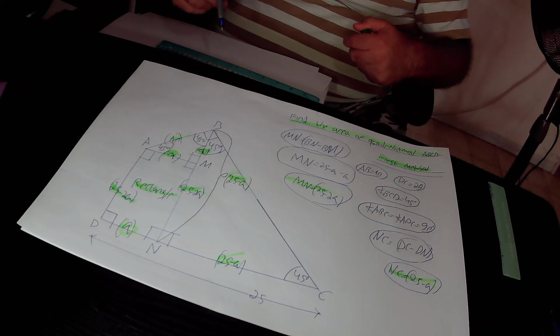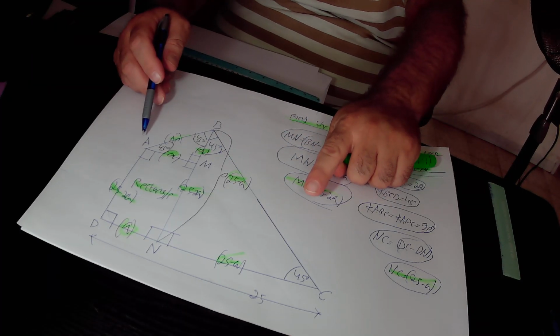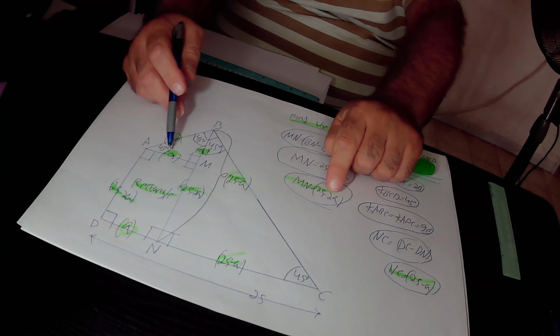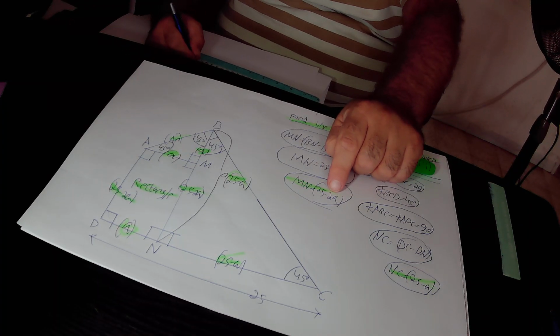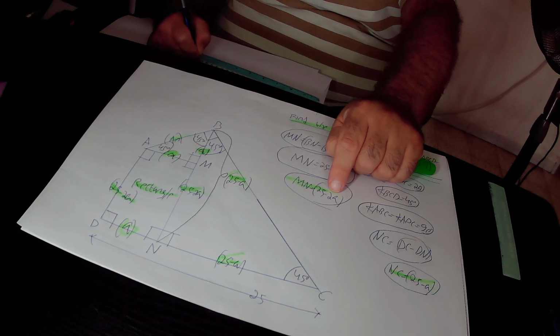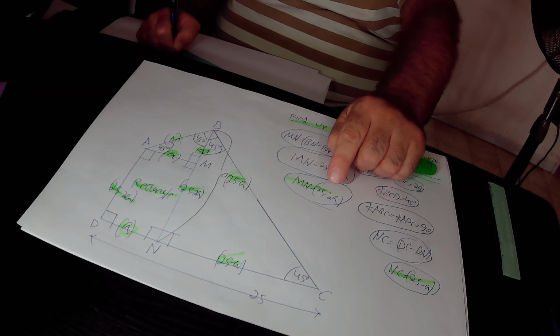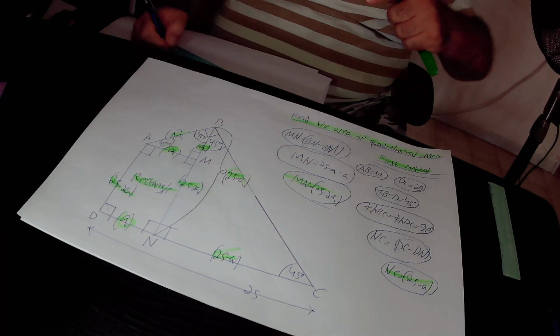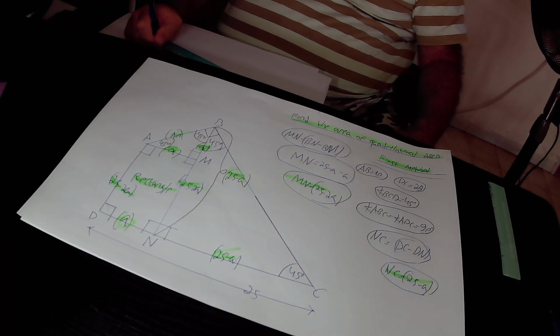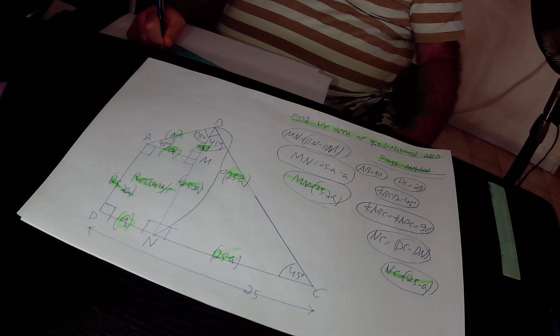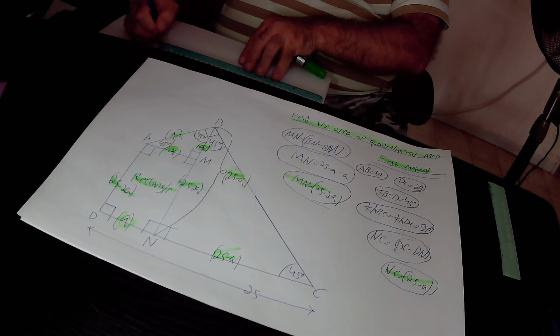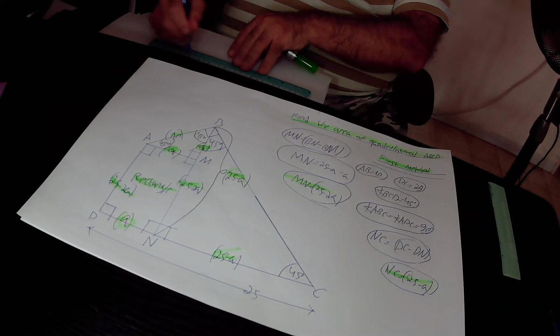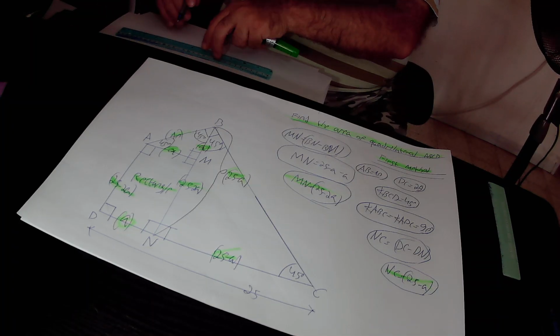So it is done. We have found out that the area of this quadrilateral ABCD equals the area of this trapezoid ABND plus the area of this right triangle BNC.